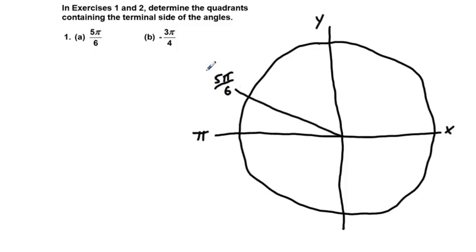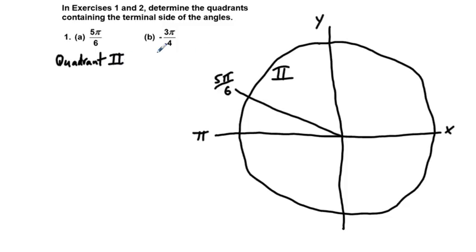And basically that's going to be quadrant 2. So there's quadrant 2 right here. So I'm going to say part A here, 5 pi over 6, I'll say quadrant 2, and 2 in Roman numeral style.